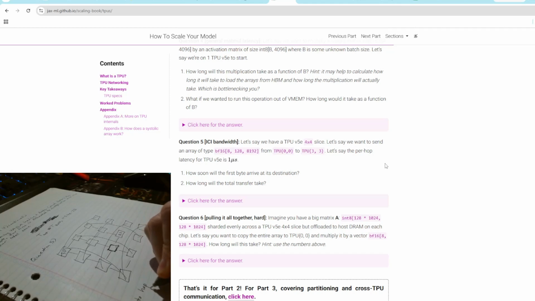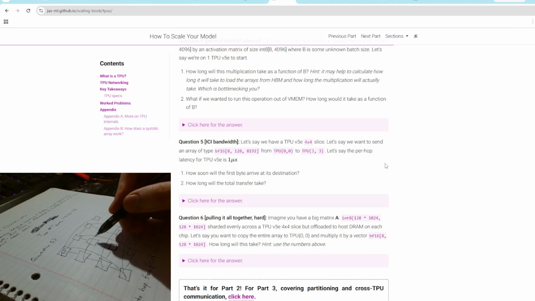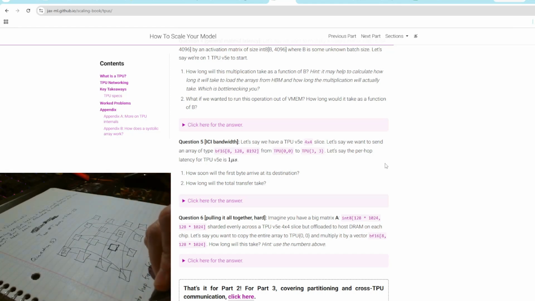To hop from 0,0 to 3,3, we need to make, was it 4 hops? 1, 2, 3, 4. Yeah, 4 total hops.